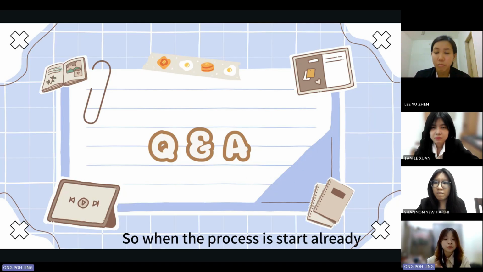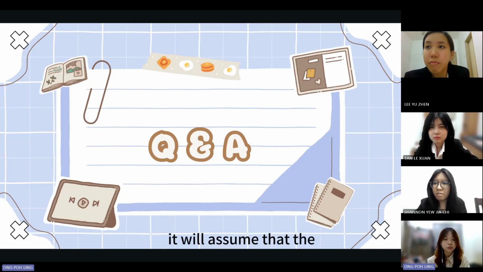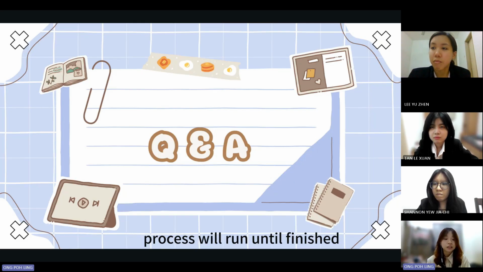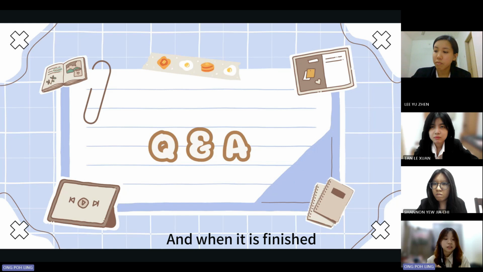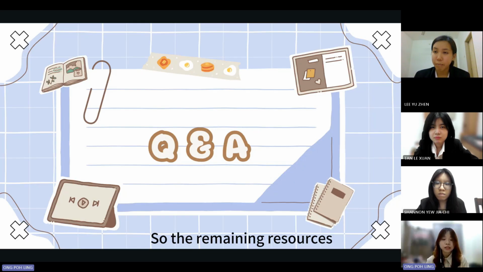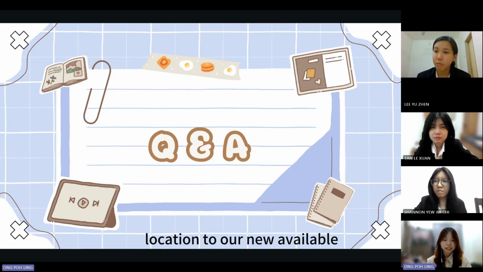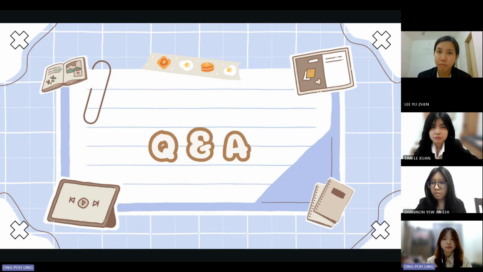So when the process starts, it will be assumed that the process will run until finish. And when it is finished, the process will return the resources back to the system. So the remaining resources will increase. So you have to update your old allocation to our new available. That's it. Okay, thank you.